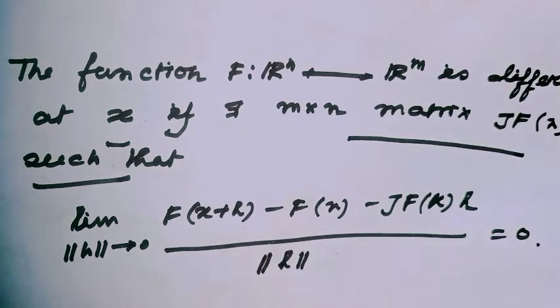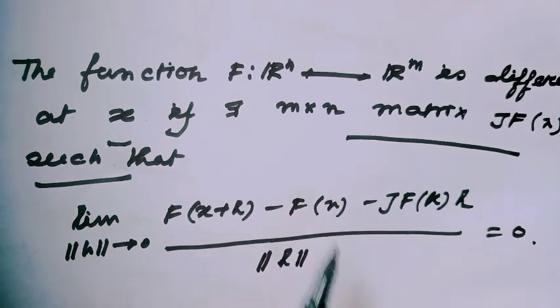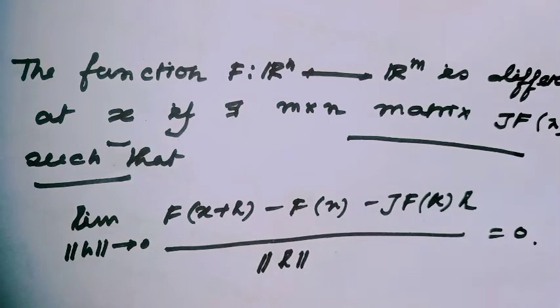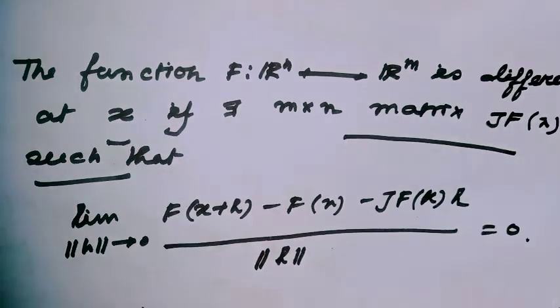This is the actual definition of differentiability in multivariable calculus. But today I will discuss this topic elaborately. This is just the definition in any book. But today I will discuss why this topic.